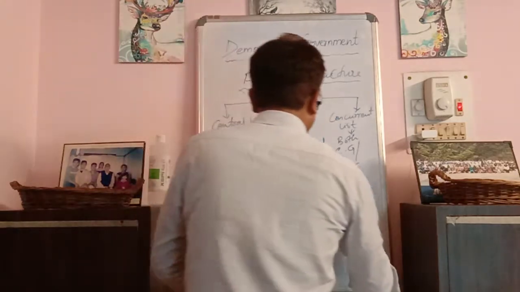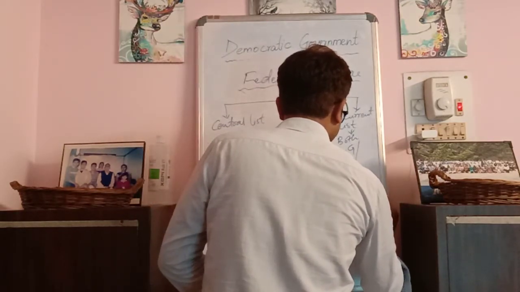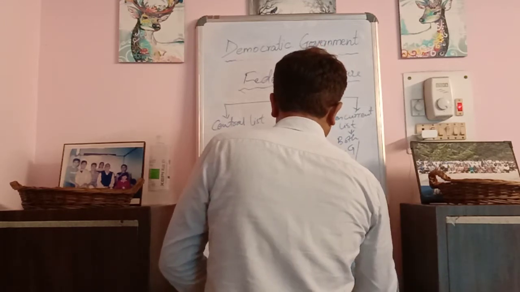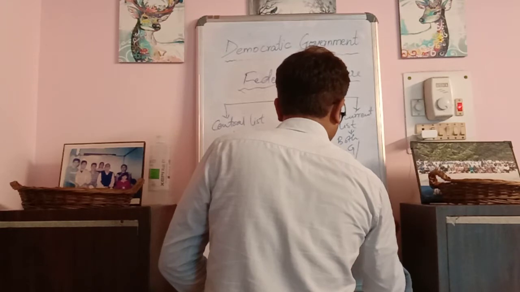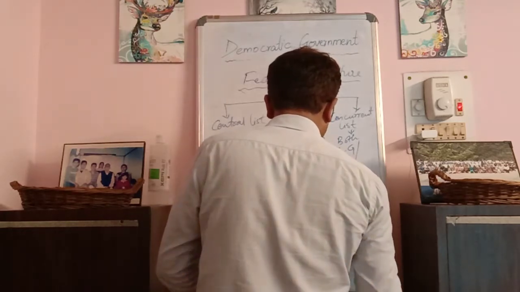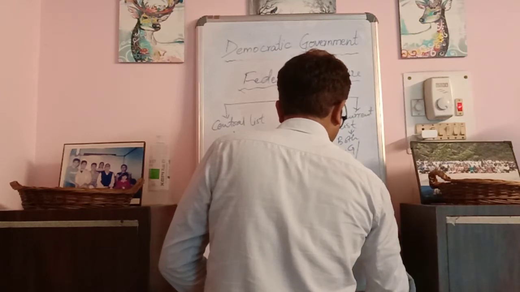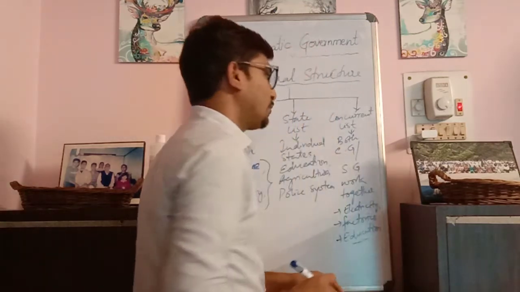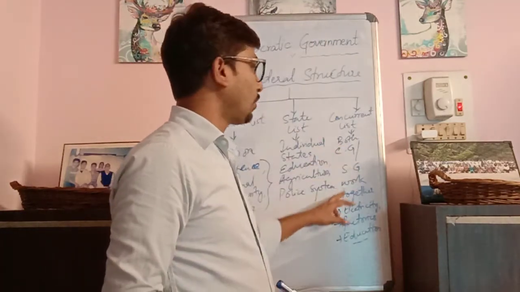Some of the things I can explain are electricity issues, then development of factories, then education, and so on. So there are certain important aspects which are also related to these important things.